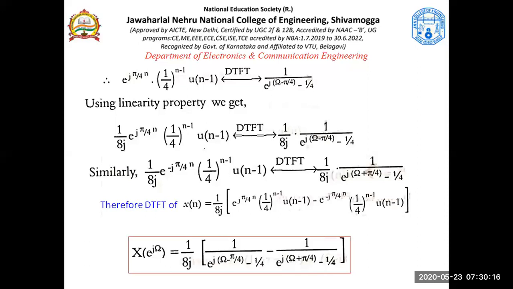Anyways, they have not asked us to express the DTFT in terms of sinusoidal; they're not particular about it. Yes, the given x of n is in terms of sinusoidal, but since it's a time consuming process of simplifying and expressing it in terms of other terms, if time permits, you go for that. Otherwise, we can stop here.